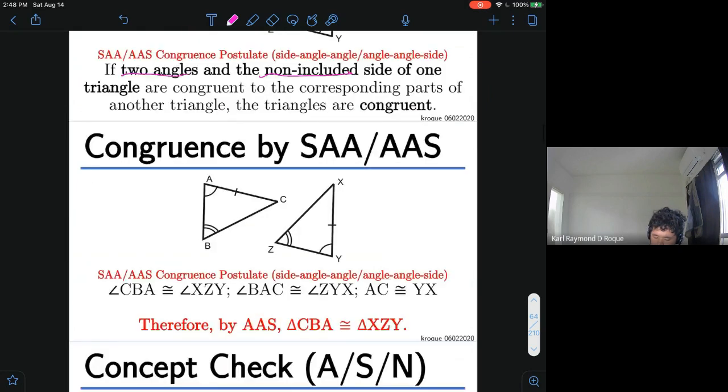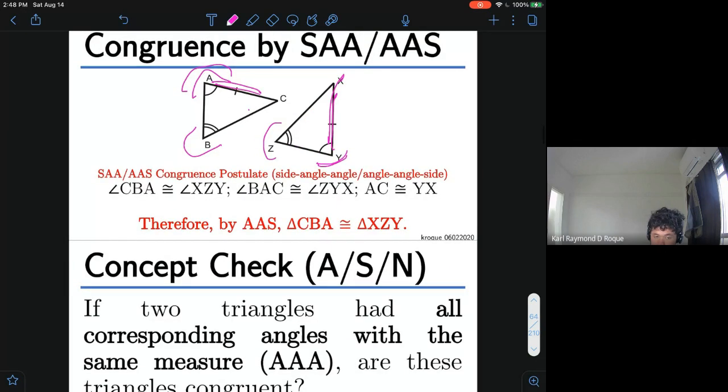How does this work? CBA, XZY, BAC, ZYX, AC, YX. Congruent sila lahat. So by AAS, congruent ang CBA sa XZY.